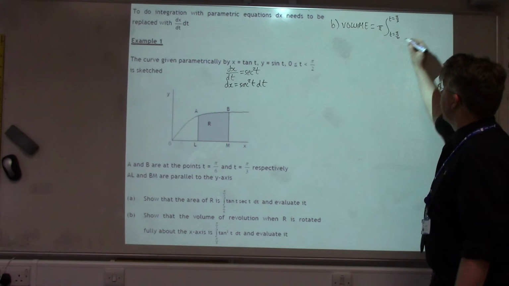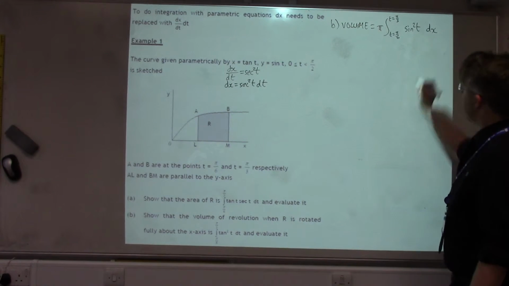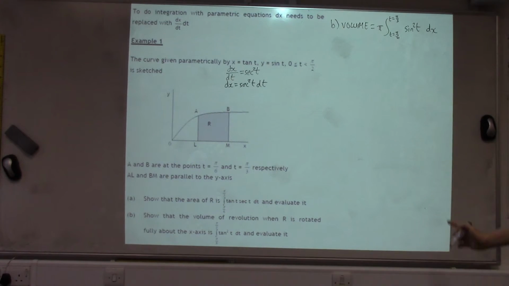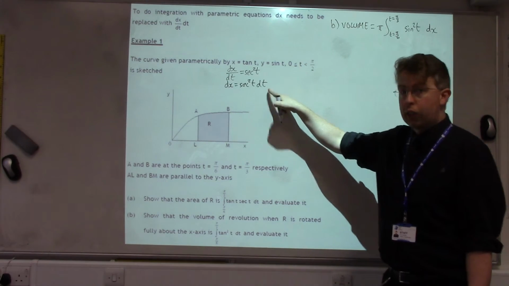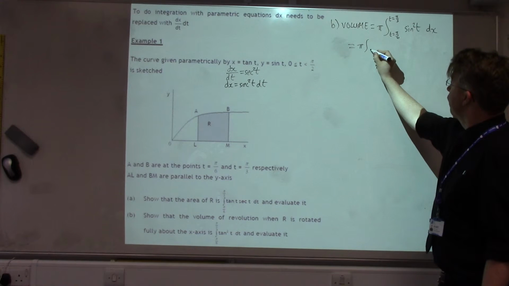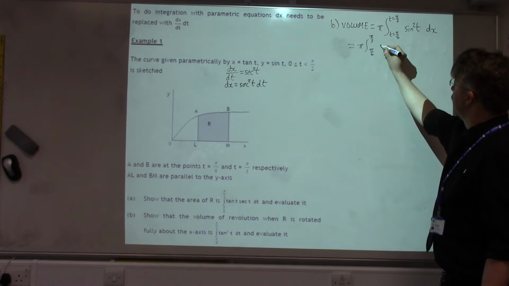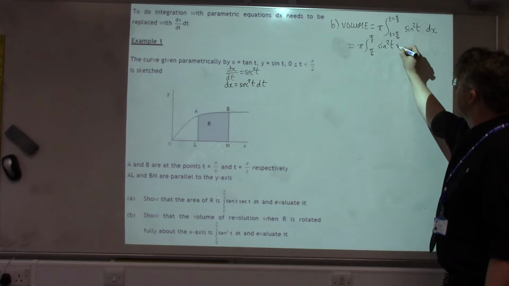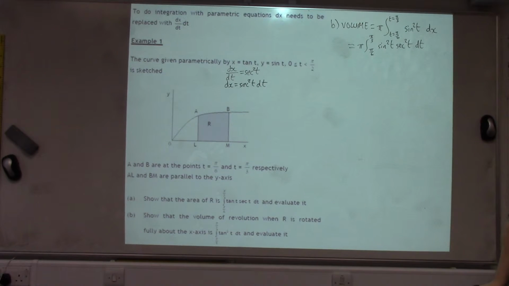So y squared in this case would be sine squared t, but for dx, the working that we did for the area gives us dx in terms of dt, so we can substitute that in. So we get the integral of pi times sine squared t sec squared t dt.